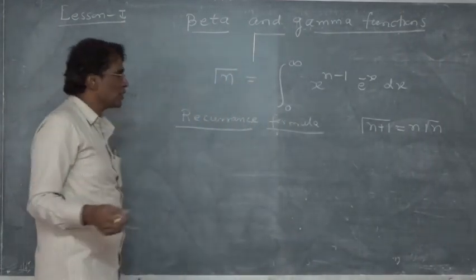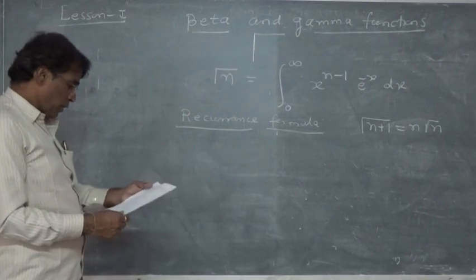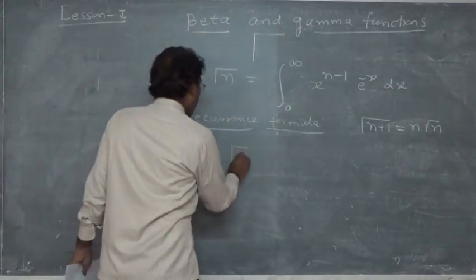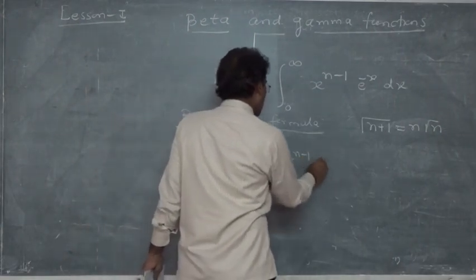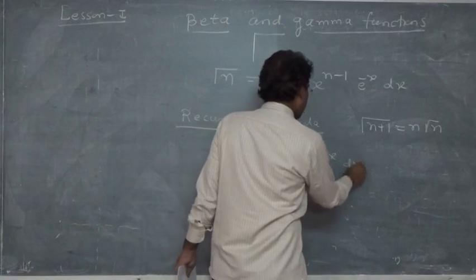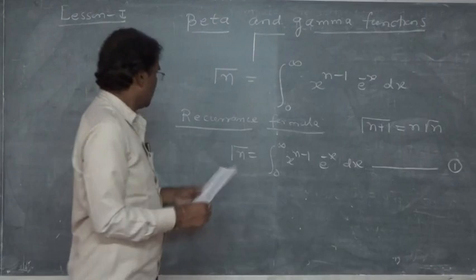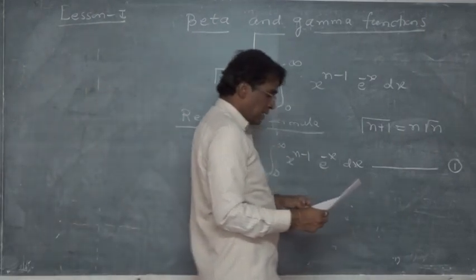We know already that gamma n is equal to the integral from 0 to infinity of x raised to n minus 1, e raised to minus x, dx. This is equation 1. Already we defined this one.